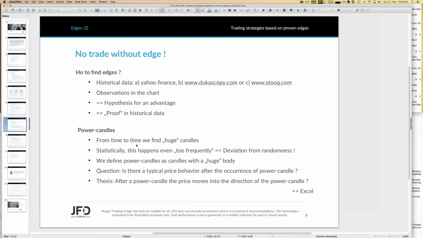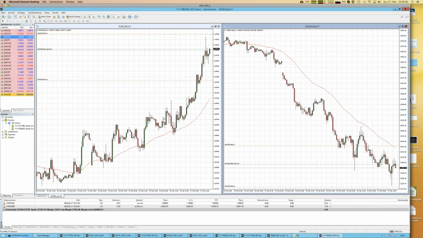We define a power candle just by looking at the candle body. And the candle body is, going back here, the difference between open and close. For example, if I go to this candle here, you will see, okay, the candle is huge, but the candle body is not that huge.